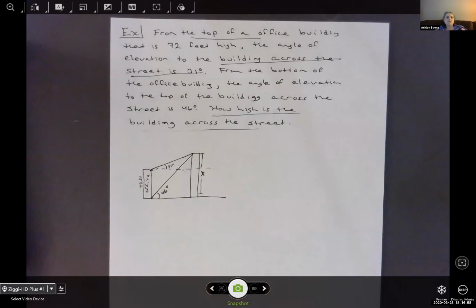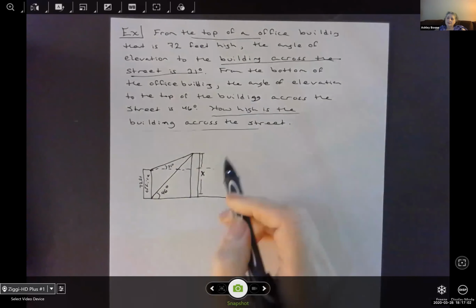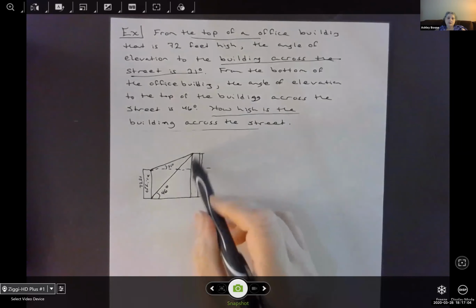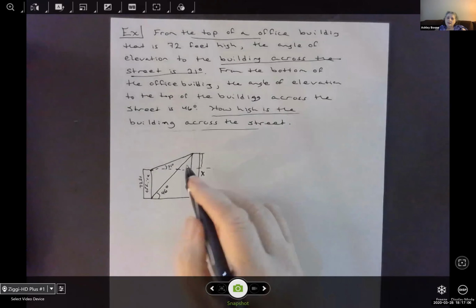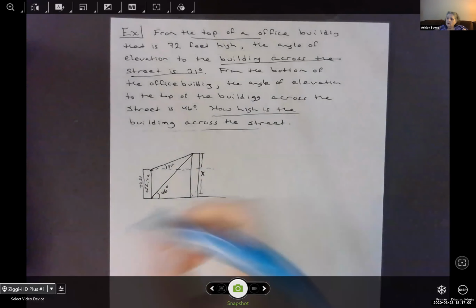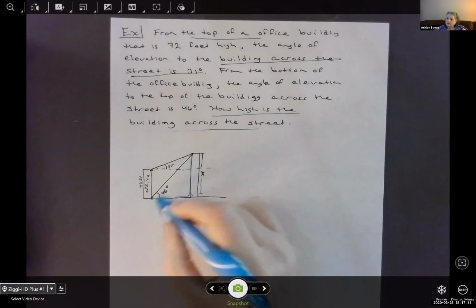Well, let's look at the information that we're given. We want to be able to get to this side over here. Now, down here, we have a nice right triangle.